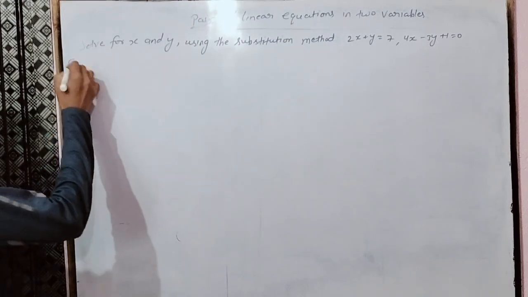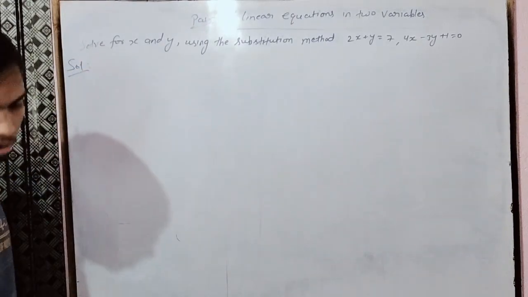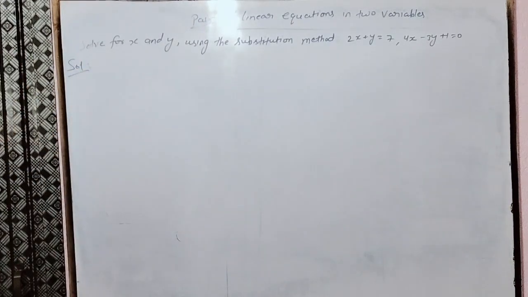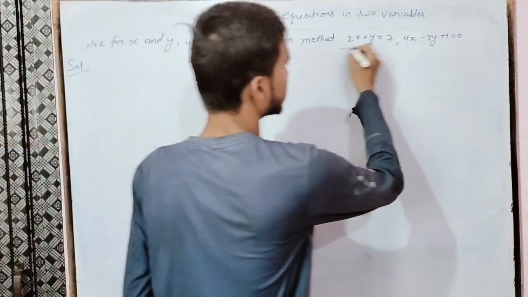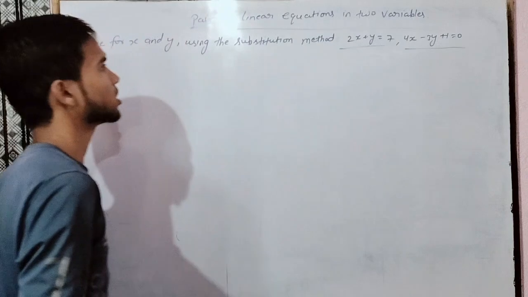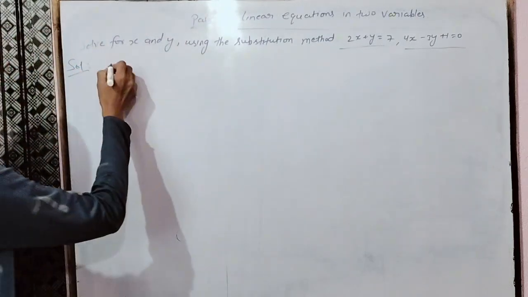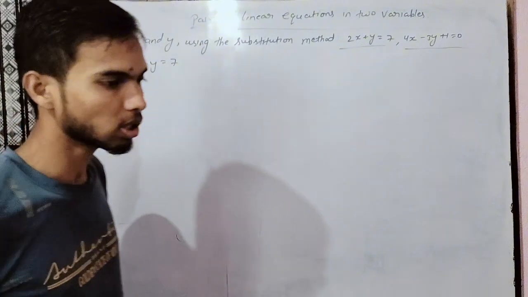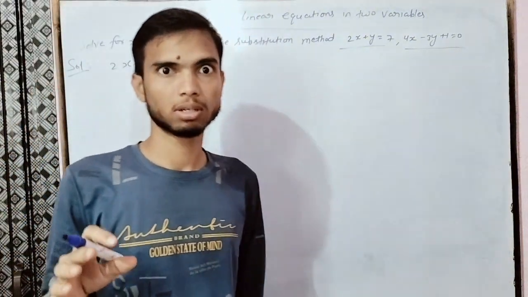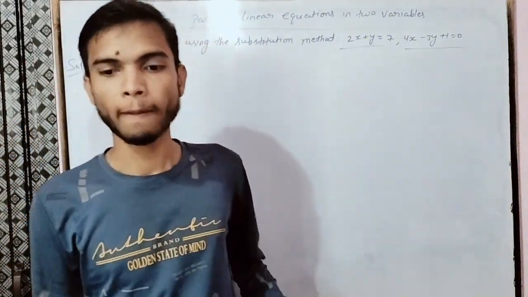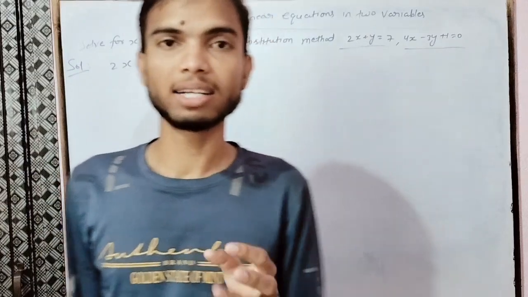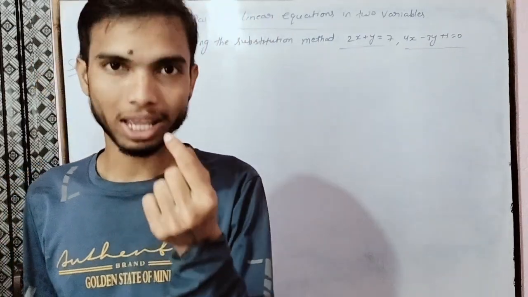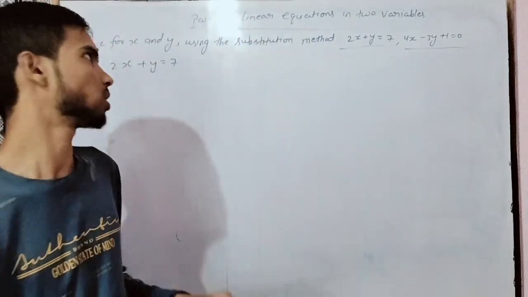So how to apply it? First, you have to be clear. We have two linear equations. So let's take the substitution method, which means first of all we will find the value of a variable.